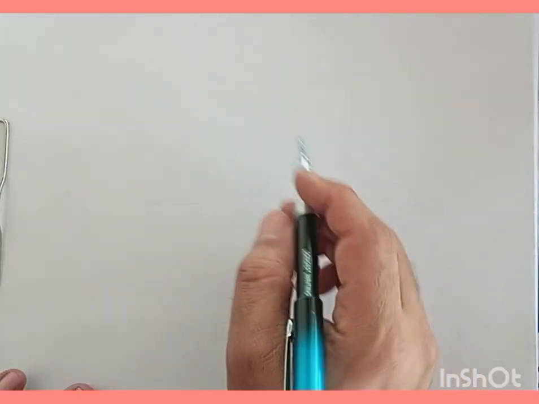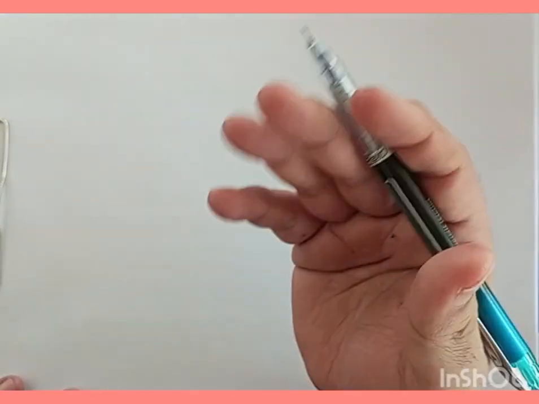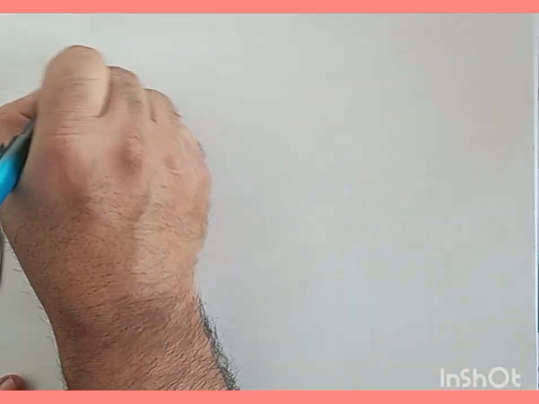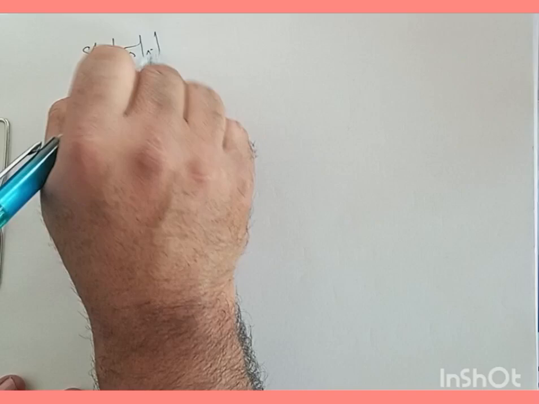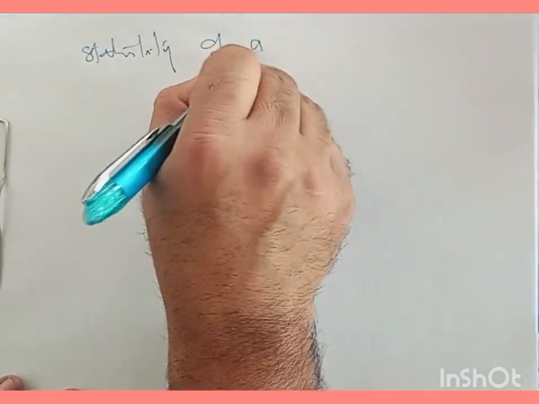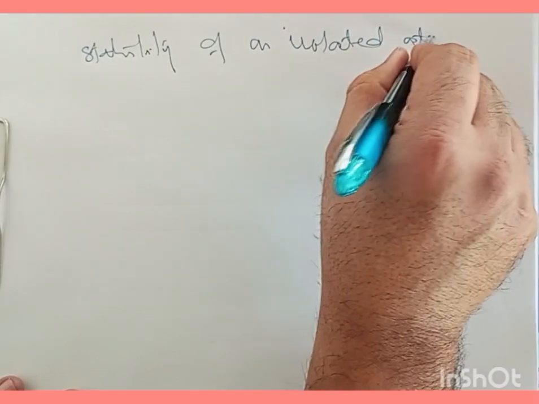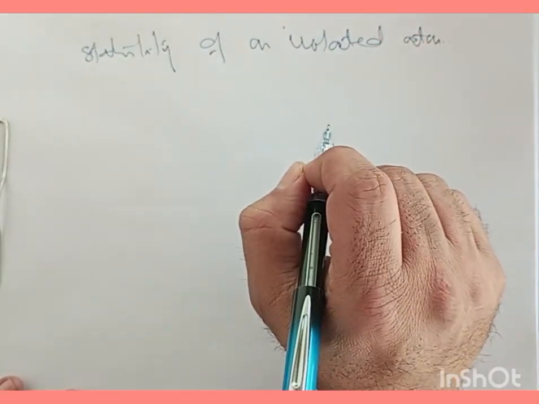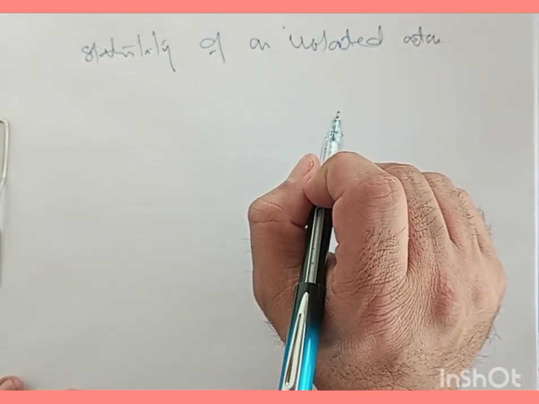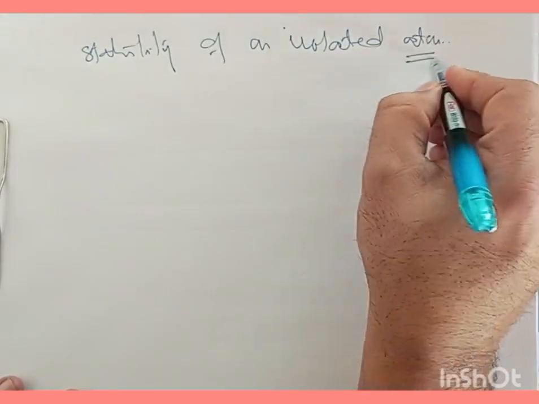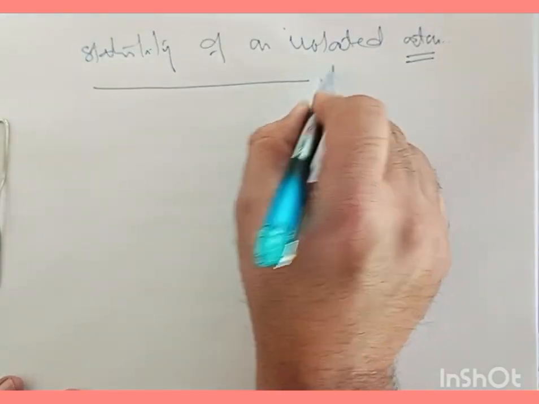Now, this law of conservation of charge basically explains the stability of an isolated atom and the stability of an electron.